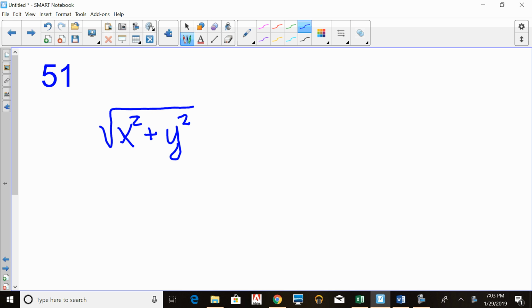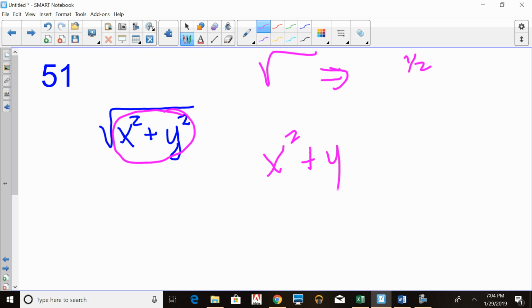Remember, anytime you have something like this, that turns it into something to the 1/2 power. So because this is everything underneath, it would become x squared plus y squared in parentheses to the 1/2 power.